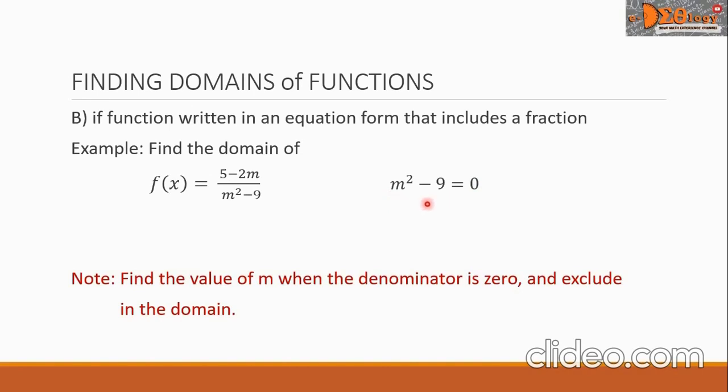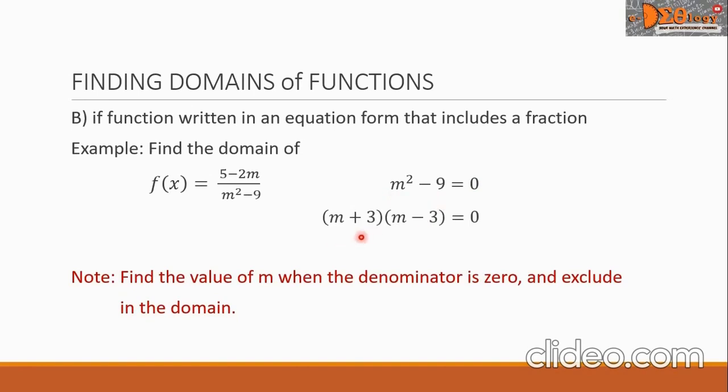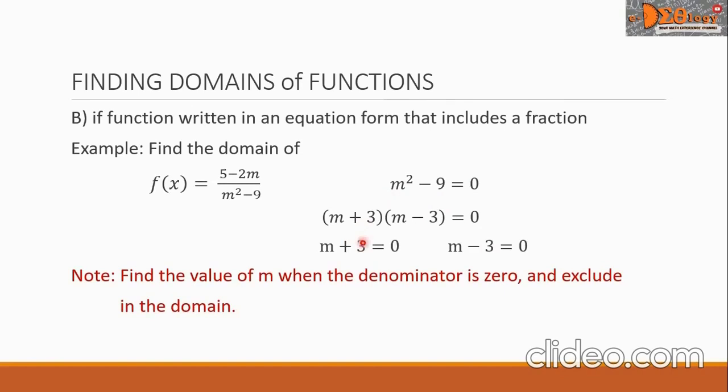This m squared minus 9 is factored into m plus 3 times m minus 3. And then each factor we will equate to 0. So m plus 3 equals 0. The second factor, m minus 3, is also equal to 0. Then we will solve for m respectively.